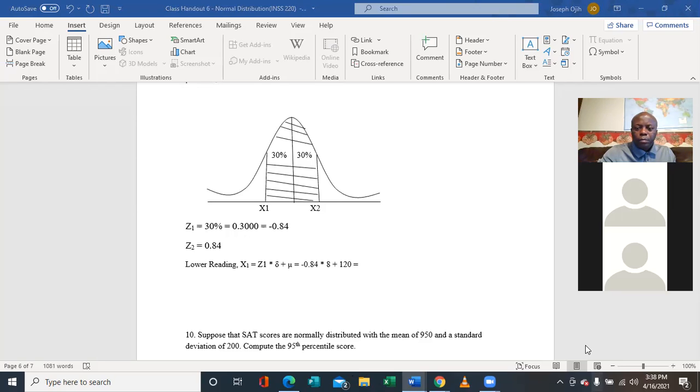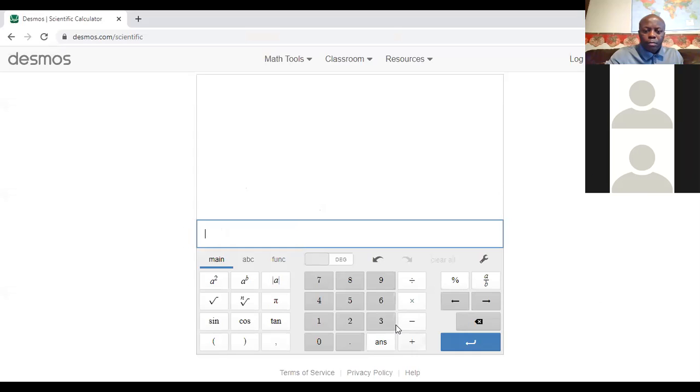Negative 0.84 times 8, plus 120 is 113.28.